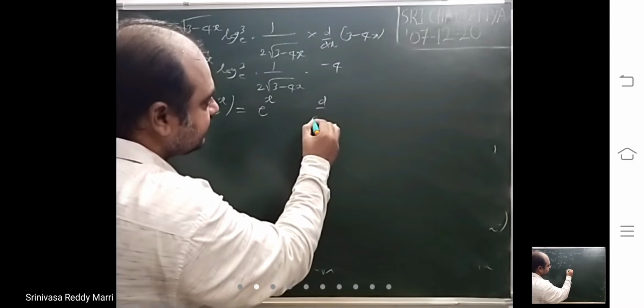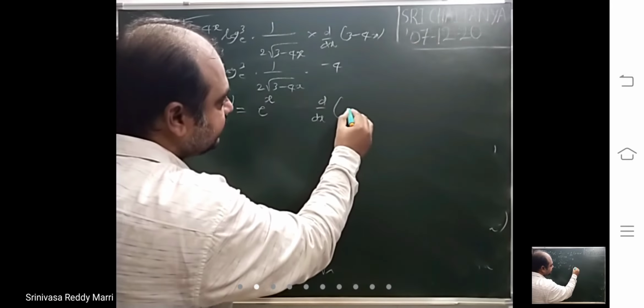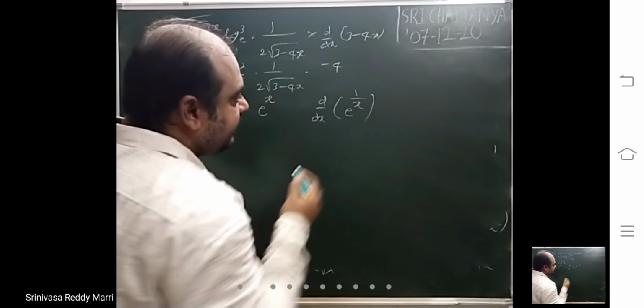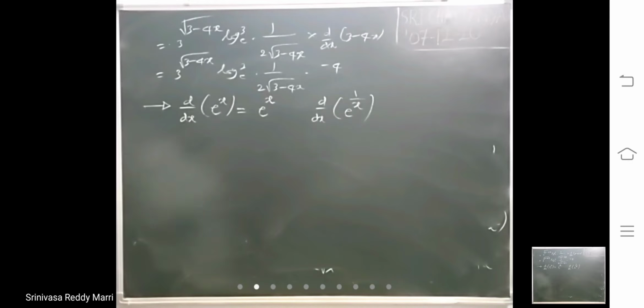Suppose we have to calculate d by dx of e power 1 by x. What is the rule you know?